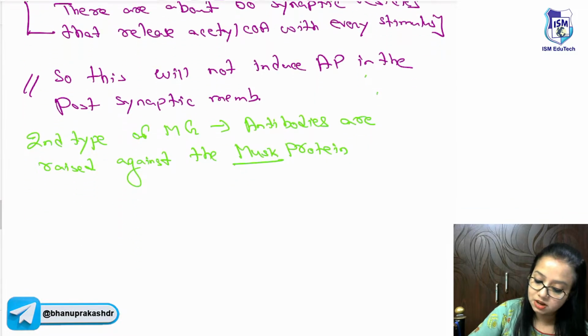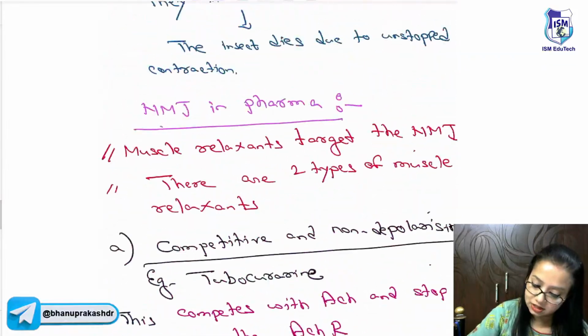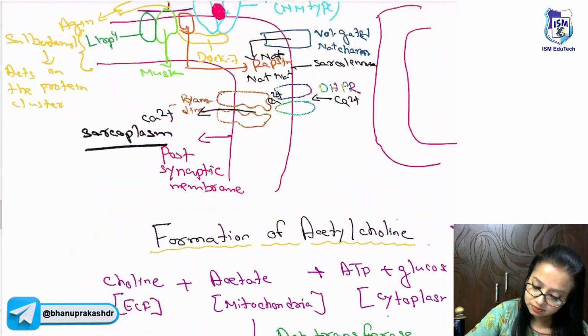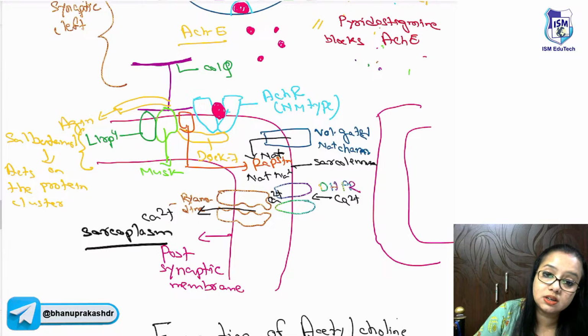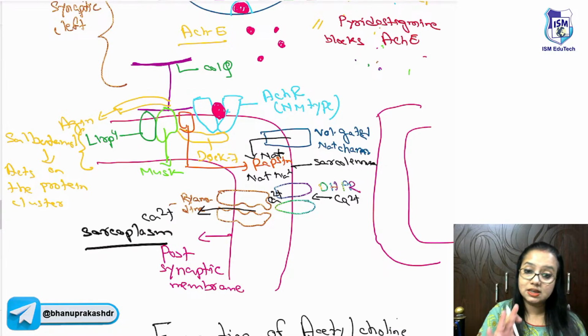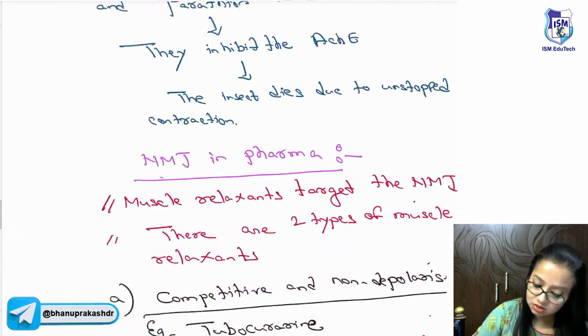And we know MuSK protein, if we go back to the diagram, is one of the proteins that is stabilizing the acetylcholine receptor.